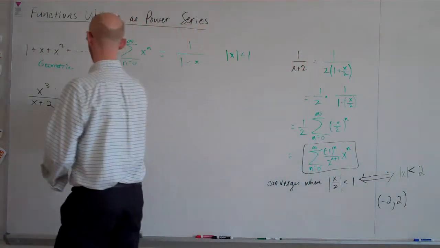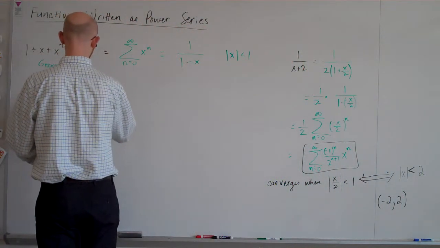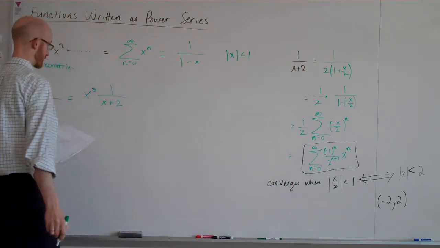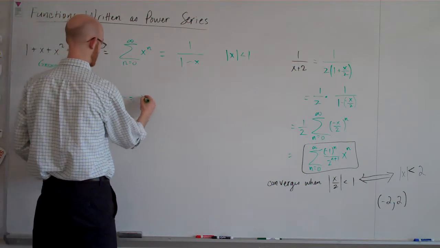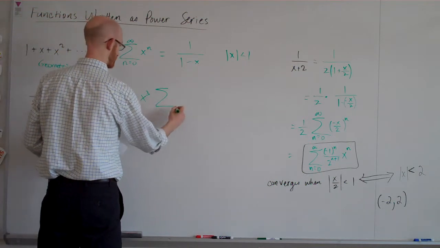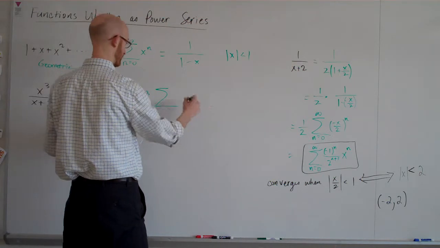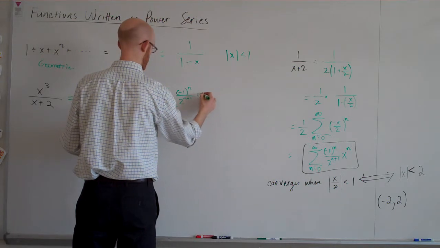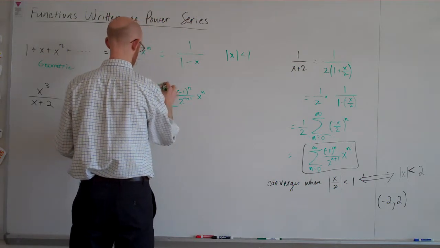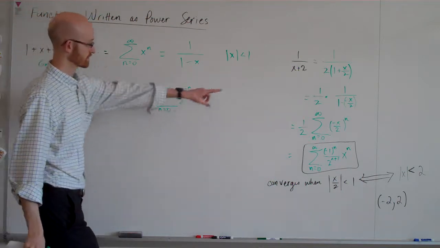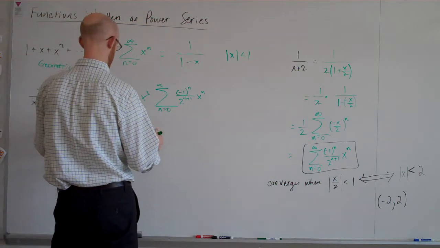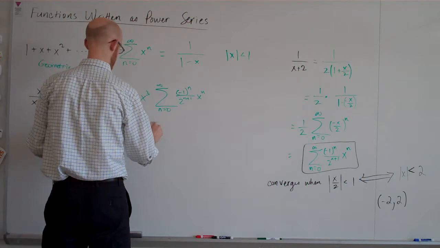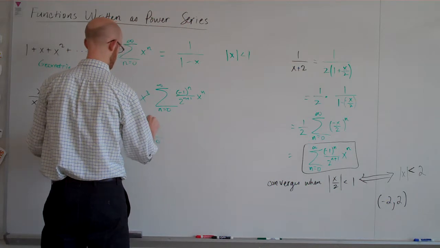We're going to take the x cubed times 1 over x plus 2, because 1 over x plus 2 is the one we just studied. And then if you want to, you can also fold the x cubed term in there.